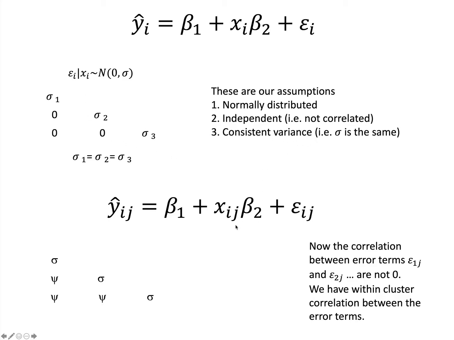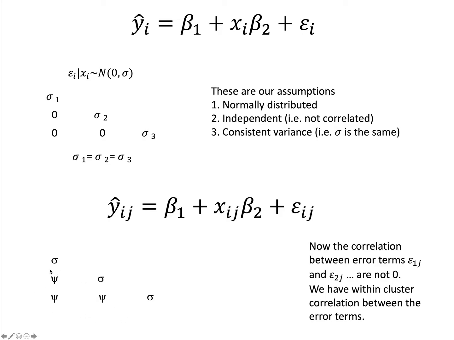The problem, as we've discussed in this class, is often with nested data, whether it's persons, so the j here can be persons and the i would be individual time observations, or j could be states and i could be persons. Whatever the nesting structure is, we know that there is a correlation, and we've called that correlation psi.